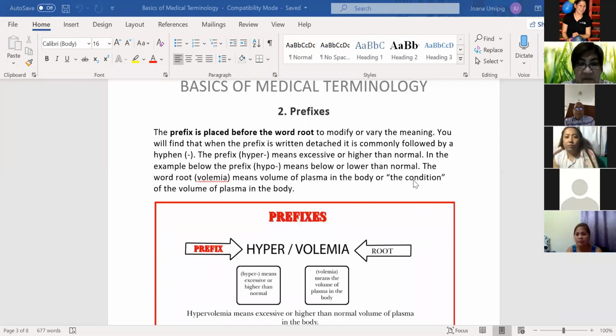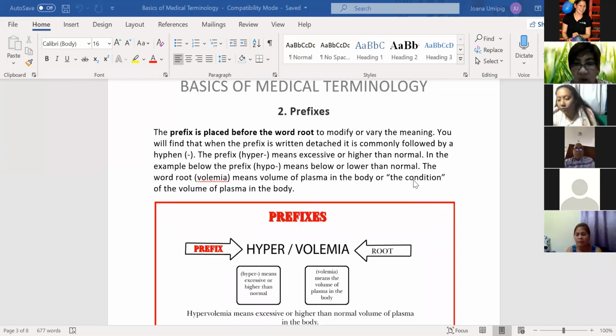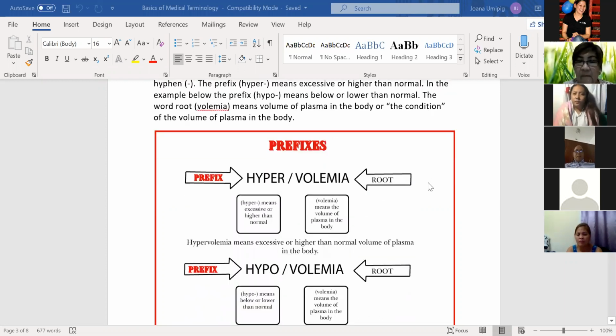Okay, the prefix hyper means excessive or higher than normal. In the example below, the prefix hypo means below or lower than the normal. The word root, volemia, means volume of plasma in the blood, in the body, or the condition of the volume of the plasma in the body. So let's do the exercise here.